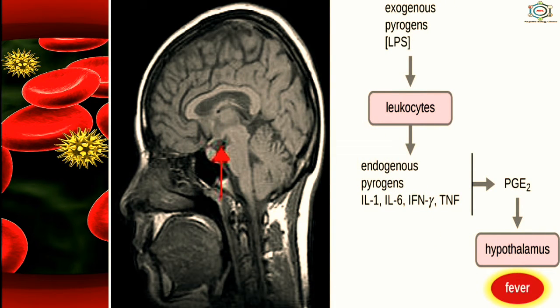Now, what is fever and how does it occur? The inflammatory response may be localized or systemic. The localized response is confined to the site of injury only. The systemic response affects the entire body. In this case, the WBC count of the blood increases and body temperature rises, causing fever.